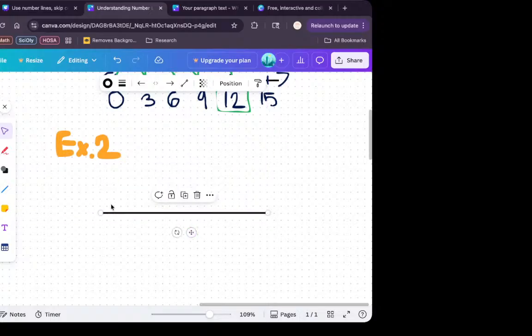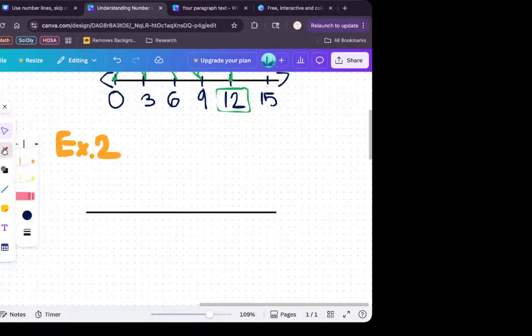That'll make it easier. In this one, we are going to be counting by 5s. So 0, 5, 10, 15, 20, and 25.